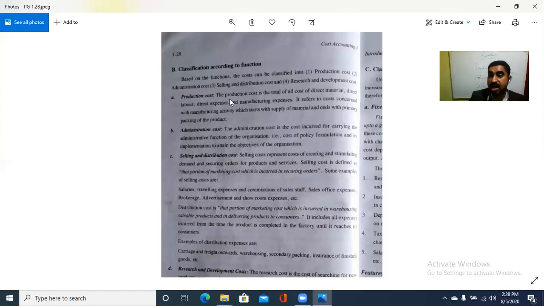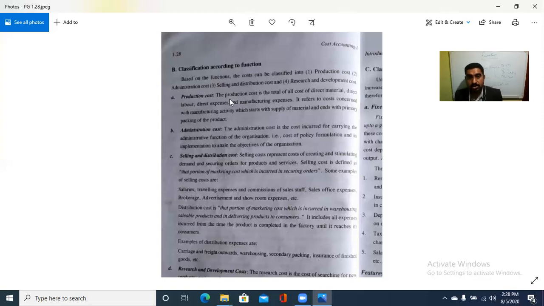പേരിൽ നിന്ന് തന്നെ മനസ്സിലാവും, അഡ്മിനിസ്ട്രേഷൻ, ഭരണം. അപ്പൊ അത് എവിടെ നടക്കുന്നത്? ഓഫീസ്. So administration cost is the cost incurred for carrying the administrative function of the organization. ആ ഒരു സംരംഭത്തിന്റെ, ഒരു ബിസിനസ് ഓർഗനൈസേഷനിലെ അഡ്മിനിസ്ട്രേറ്റീവ് ഫങ്ഷൻസ് നടക്കുന്നത് എവിടെയാണ്? ഓഫീസ് അല്ലെ? ഓഫീസ് ആൻഡ് അഡ്മിനിസ്ട്രേറ്റീവ് കോസ്റ്റ് എന്നാണ് ഇതിനറിയുന്നത്.